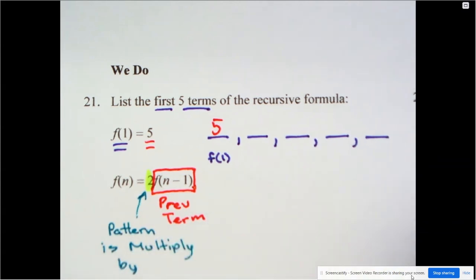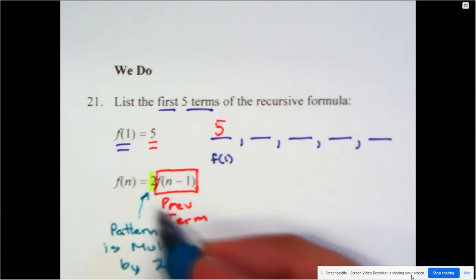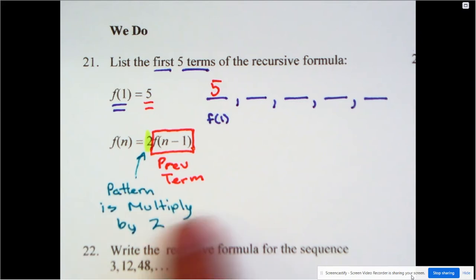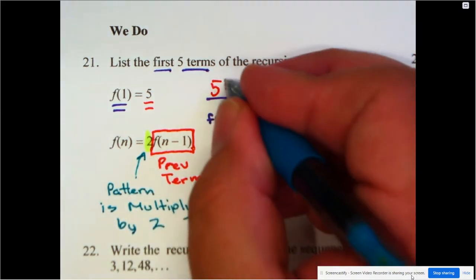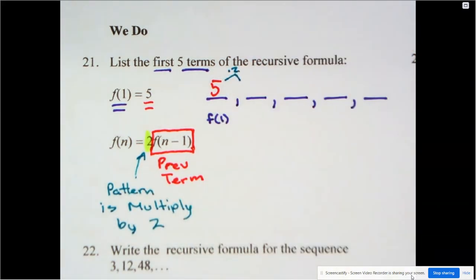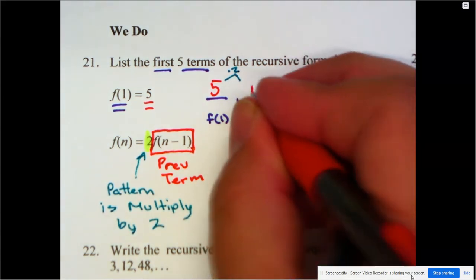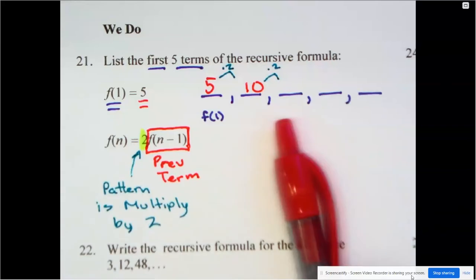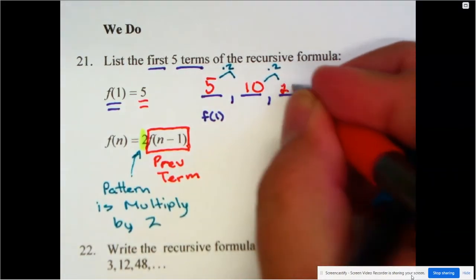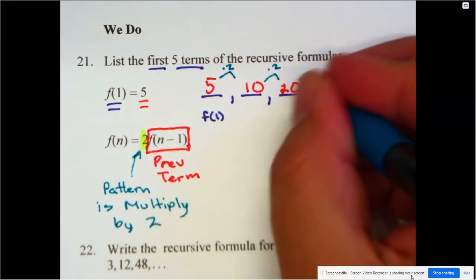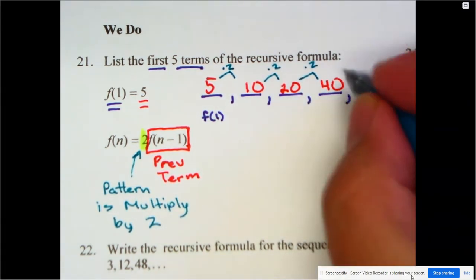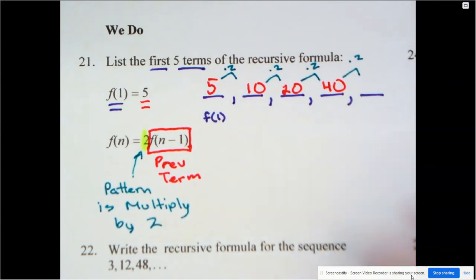That's what recursive functions are like. They tell you what the pattern is, so you don't really have to plug in. If we already know what the pattern is, multiplication by 2, then look. 5 times 2, 10 times 2, 20 times 2, 40, and times 2, 80.